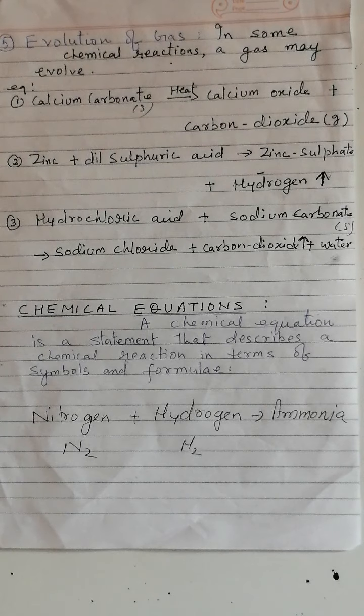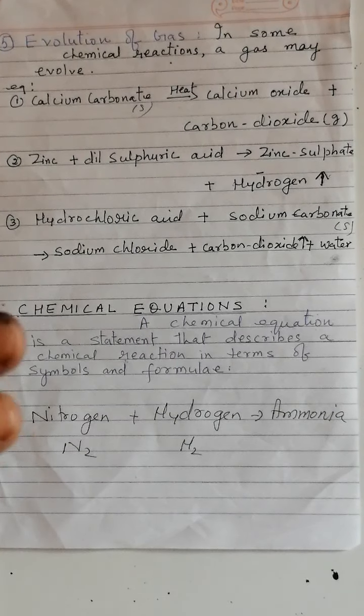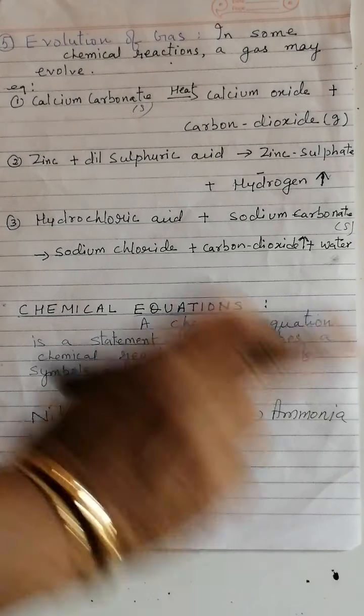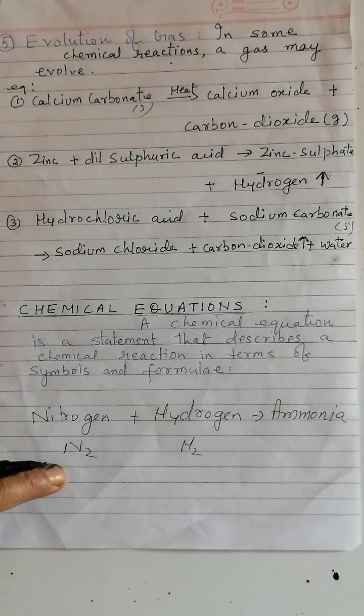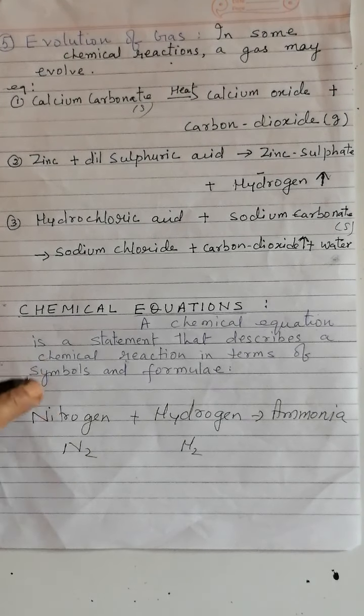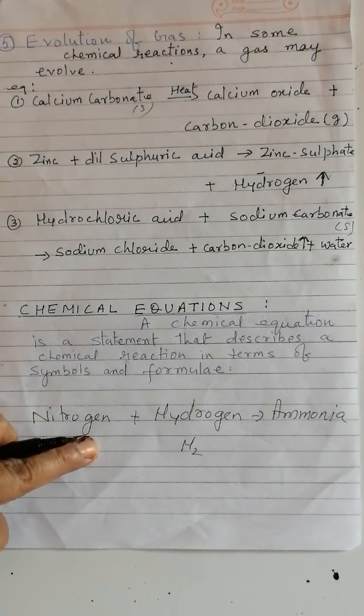Children, be careful writing the chemical formula. Don't write the symbol of an atom directly. Here you have to write the molecular formulae of reactant and product. Nitrogen, N2 only, not N. Don't write N for nitrogen. If you write N, that stands for an atom of nitrogen.